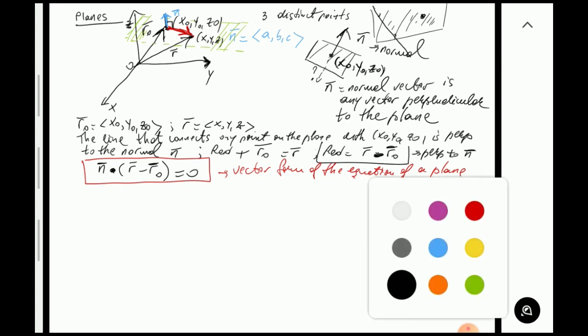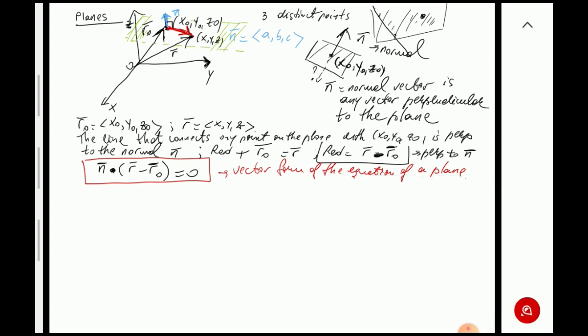Now, actually, let's stick to the red color. By the same token, we can quickly write this in terms of components. So the normal, I denoted by ABC. By components, r minus r naught is x minus x naught, y minus y naught, z minus z naught.